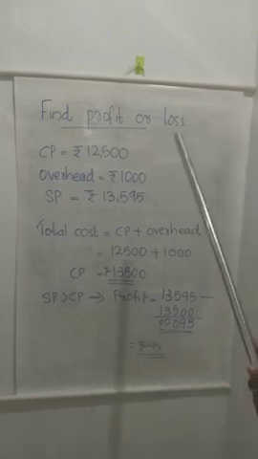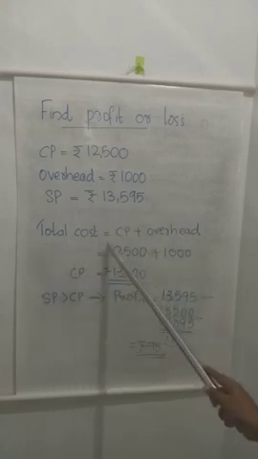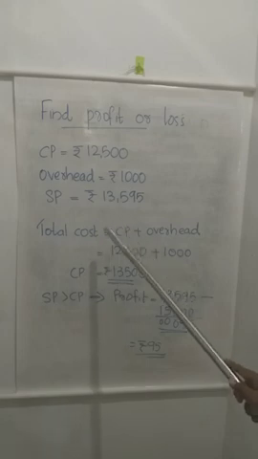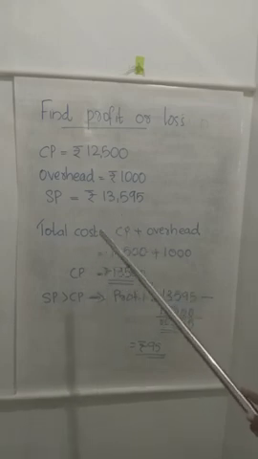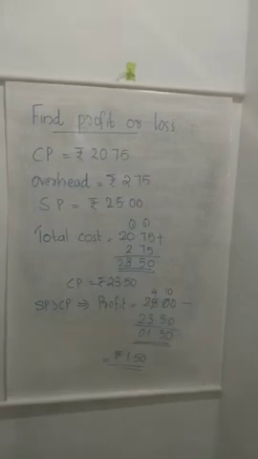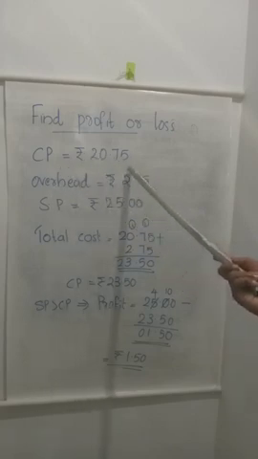So if in the question overhead is there, the first step is we have to calculate total cost. Then that should be our cost price. Then compare with selling price. Next example, cost price is given as rupees 20.75 paisa.